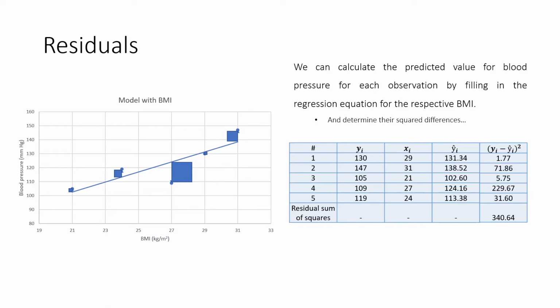So the residual variance that is left after adding this regression line. So as you can see, this residual sum of squares is already a lot lower than our total sum of squares that we saw earlier. That one was, if you recall, 1156. This one is only 340. So a good chunk of variance has been explained due to the fact that we added BMI to our model.